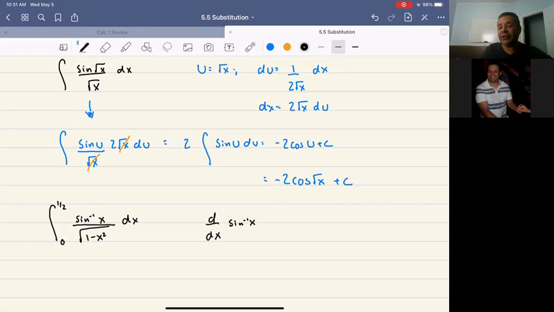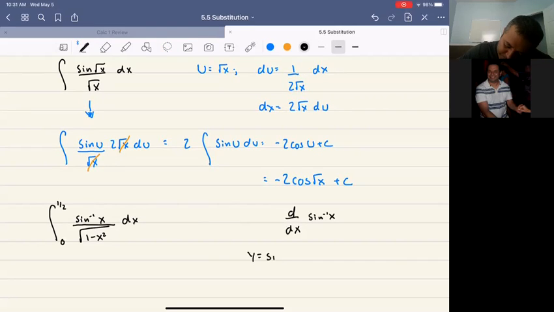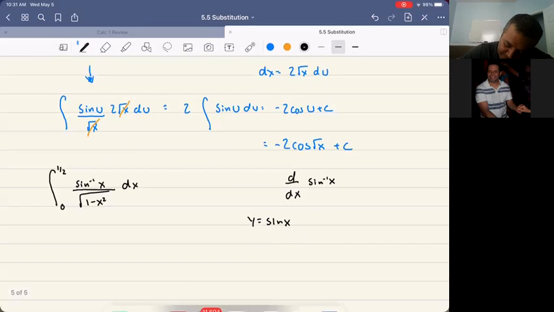Let's suppose we're going to do this using implicit differentiation. So y equals sine of x. That means dy dx equals cosine x, right?